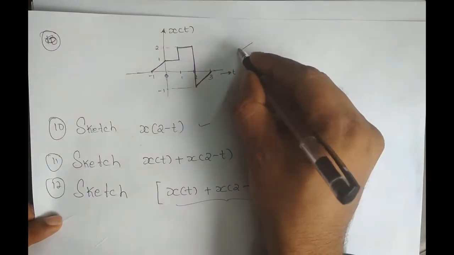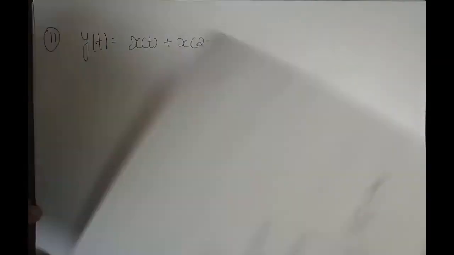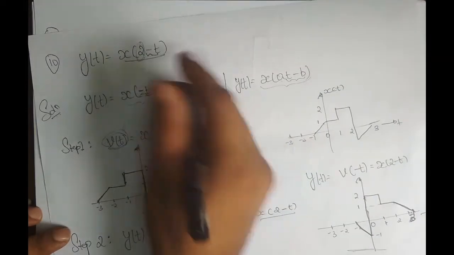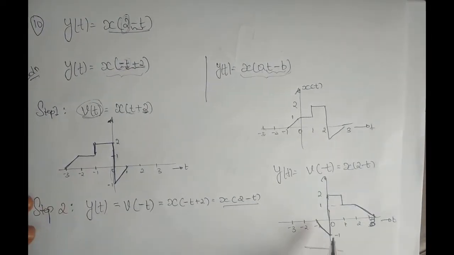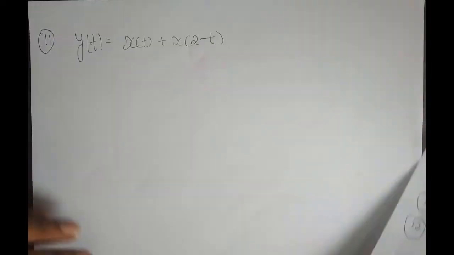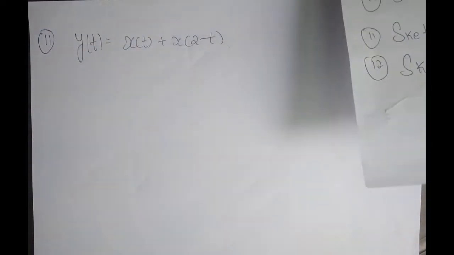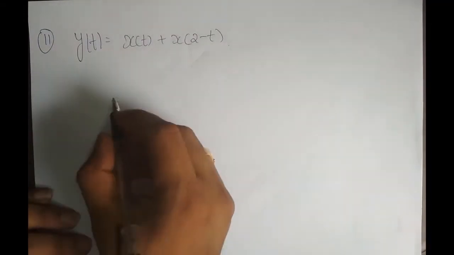X of t is this itself, no? And what is x of 2 minus t? We have solved it, right? So x of 2 minus t signal is this signal. So basically I need to add this signal with x of t. So how do we add it? We'll keep one below the other and align the axes so that it is easier for you to plot the signal. Okay.